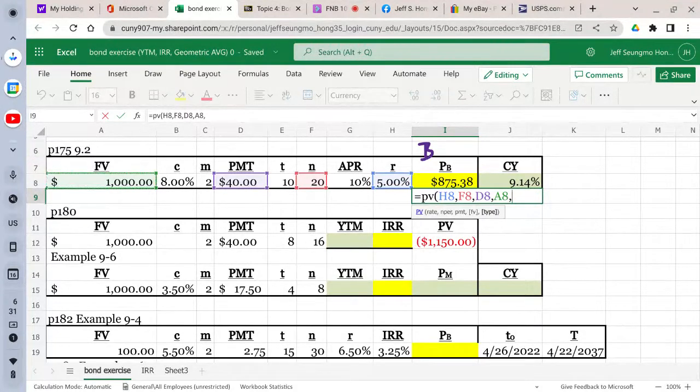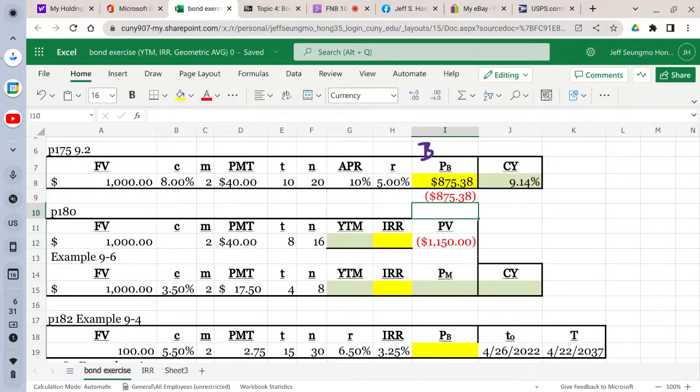Type, leave it blank, because all bonds, think about it, are ordinary annuities. No bond is an annuity due. They don't pay you interest to begin with. Then close the parenthesis and hit enter. You will get it in negative because this much cash flow will have to leave you to receive these cash inflows in the future.